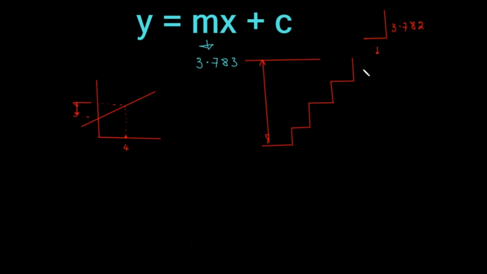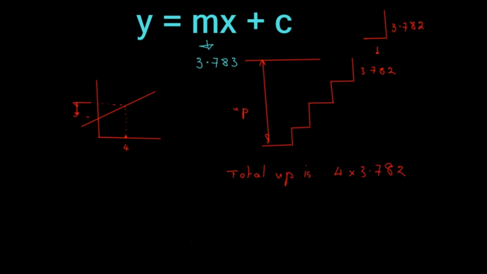Each one of these is 3.783, and we got 4 of them. 1, 2, 3, 4. So the total up is 1, 2, 3, 4 of that.